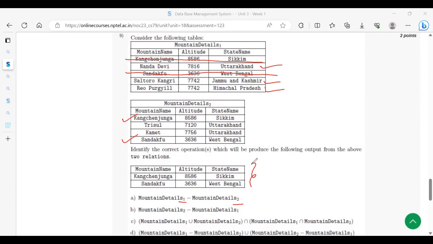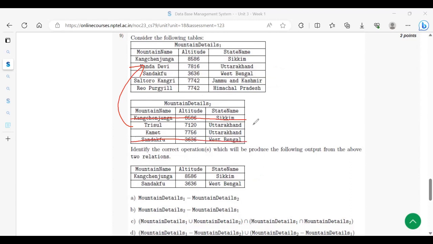But if you see in this diagram, you get only two attributes. So this is not correct. And when I say S2 minus S1, it means we are going to subtract this from this one. Again, the common thing between S2 and S1 is Kanchenjunga 8586, so I am going to remove this one. And Trishul, Sandaku 3636, this will be removed.